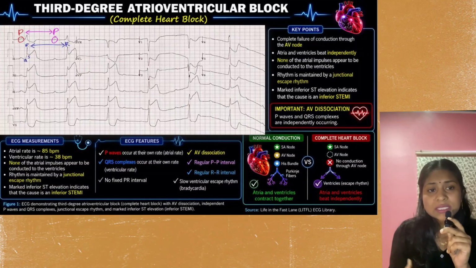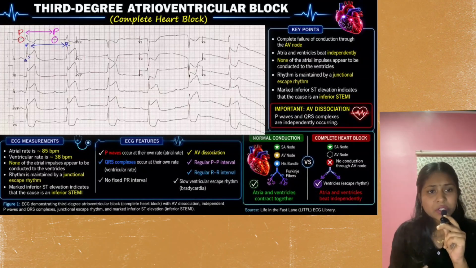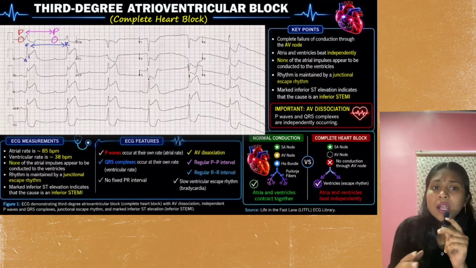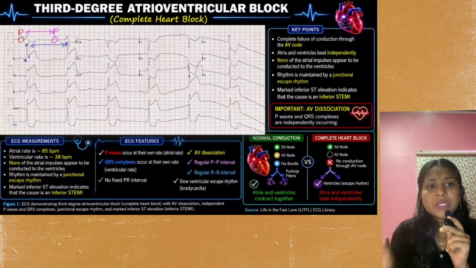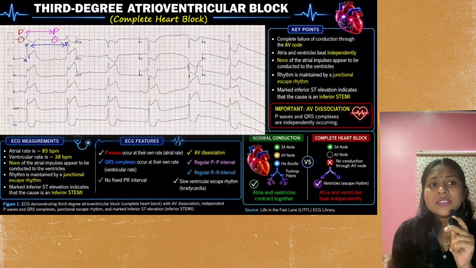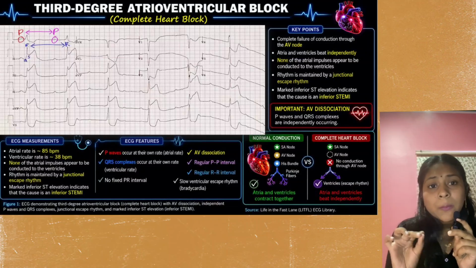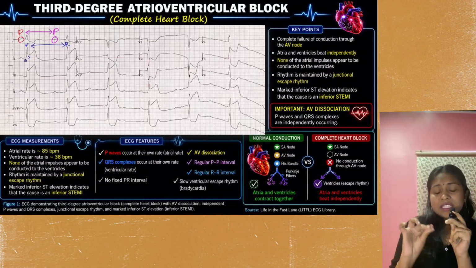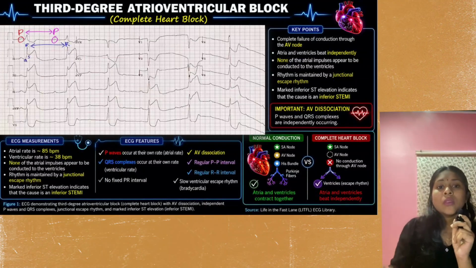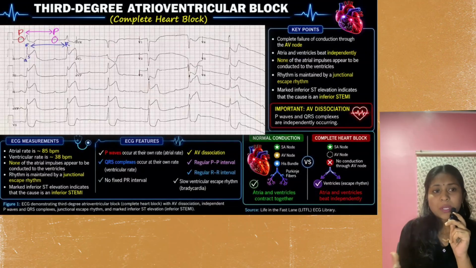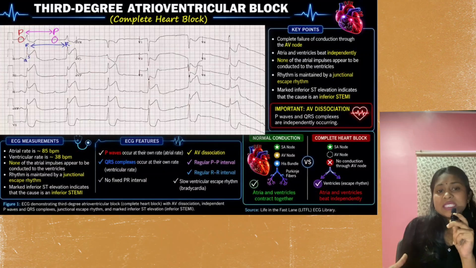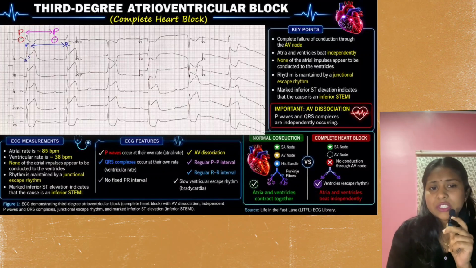The QRS complexes represent the ventricular depolarization. The R to R interval is also regular because the ventricles are maintained independently by the junctional or ventricular escape rhythm. There is no relationship between the P wave and QRS complex. This phenomenon is known as AV dissociation.